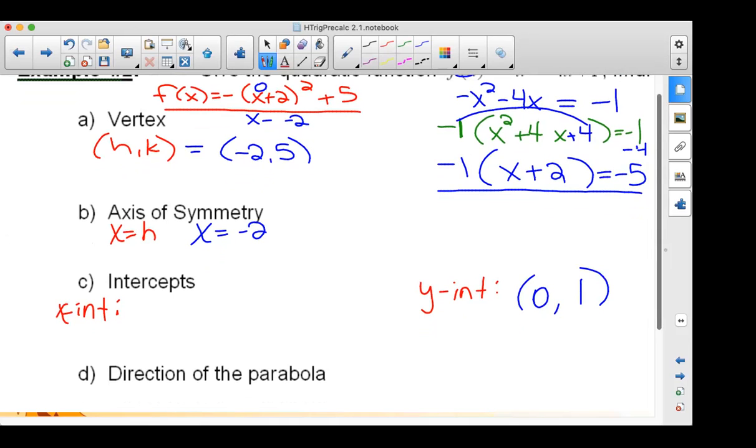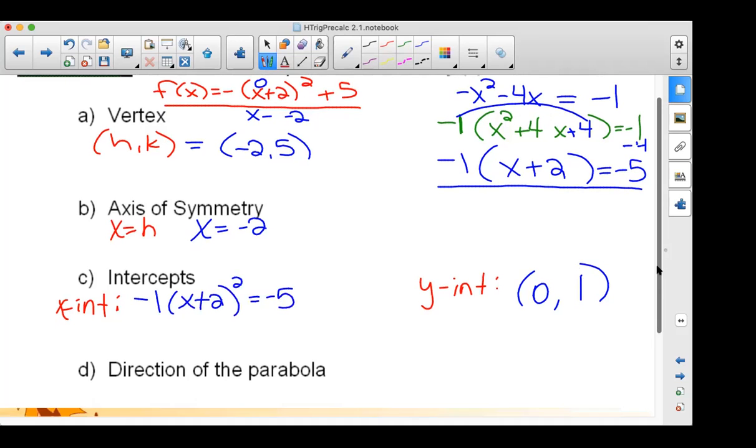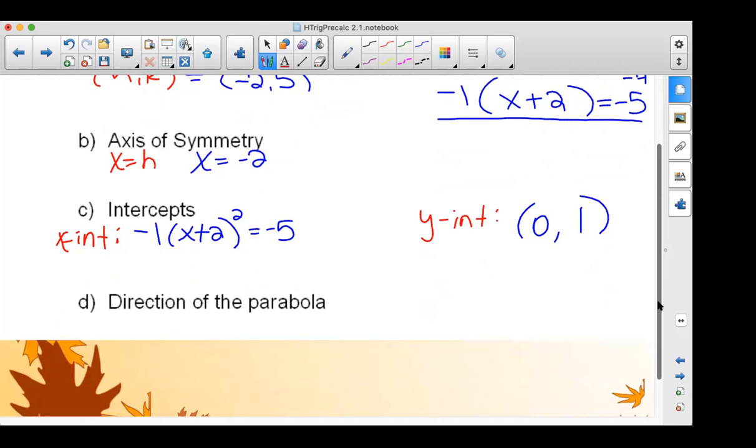To get the x-intercepts, I'm going to take the equation that I completed the square with, and I'm now going to solve. So I'm using the -1. X plus 2 squared equals -5. This time, it actually works out because there's a -1 in front that I have to divide by first.